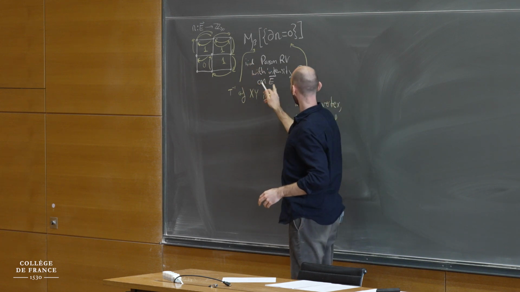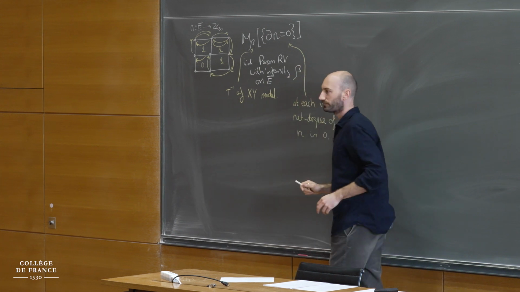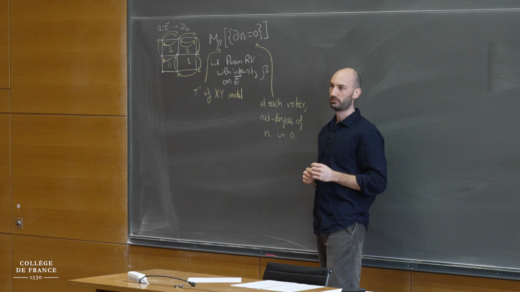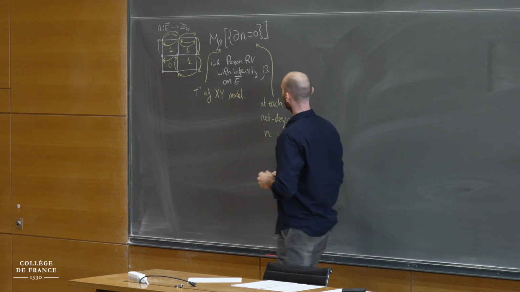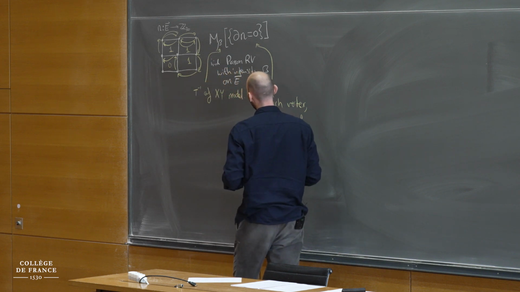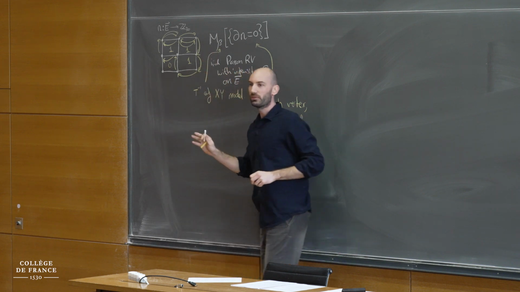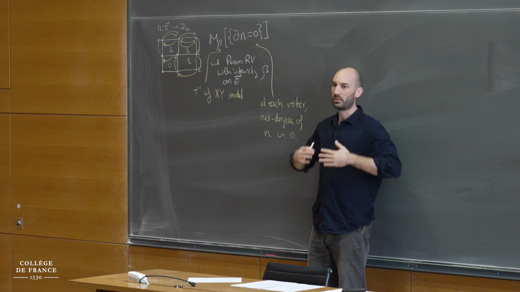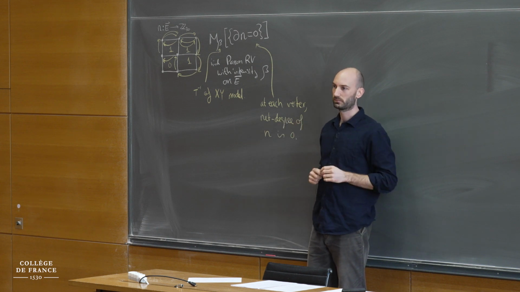Because this is a Poisson random variable with a very high parameter, which means that this height function you can think about as being quite flexible. On the other hand, when T is very large, that means that beta is very small. It means that in this measure, typically there are very few directed edges. And on the level of the height function, it means that the height function is very stiff.